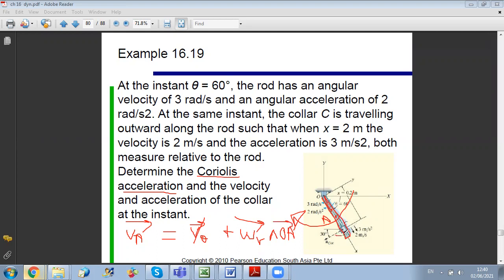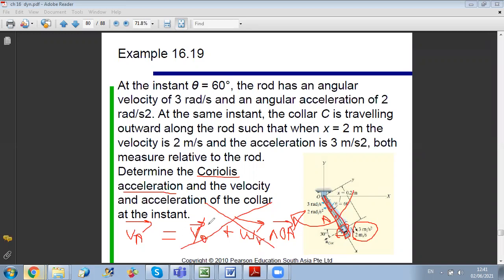However, when you take collar C, it's different, because collar C is not fixed to the rod. It's moving on the rod. So it has a certain relative motion with respect to the rotating rod. In this case, the formula you will use will not be this one, which we derived from translating axis.